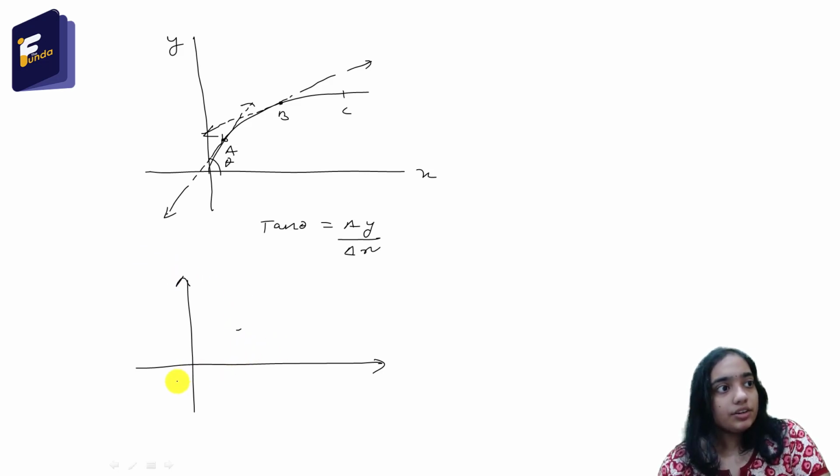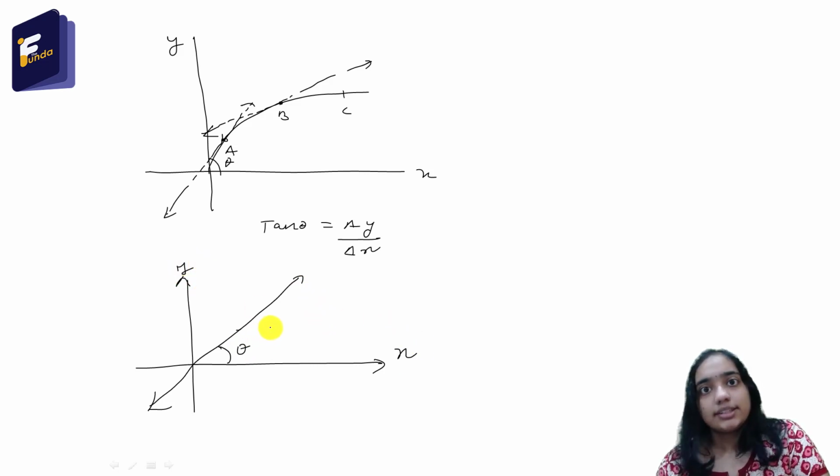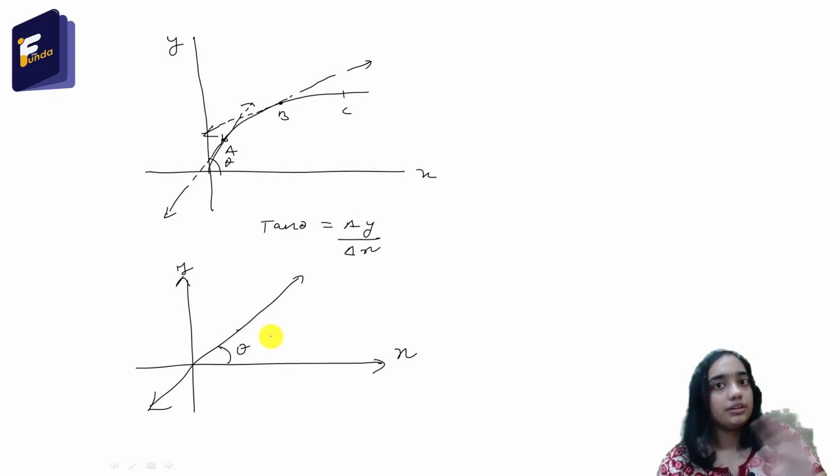If I draw this line, you can see that this angle that this line is making with the x-axis is an acute angle, that is between 0 to 90 degree. So this angle is acute, so here slope is positive.